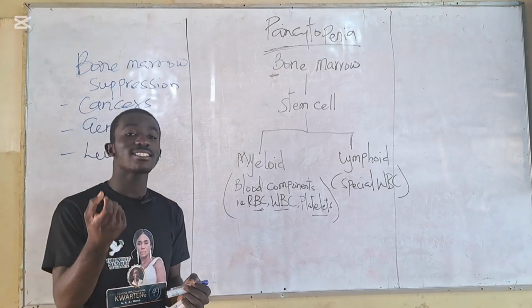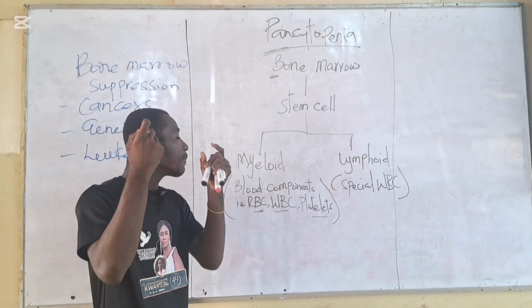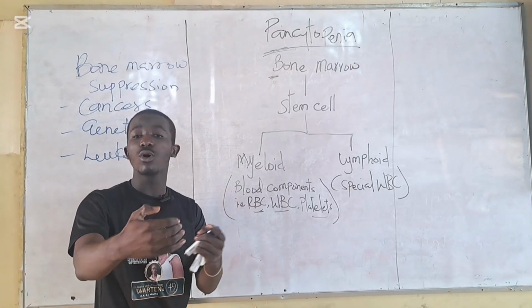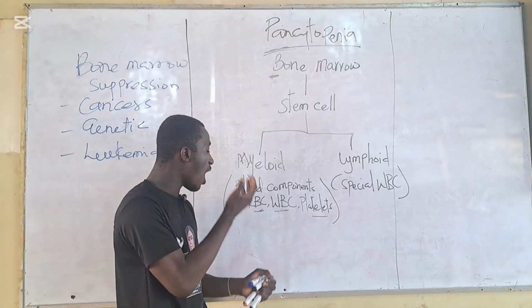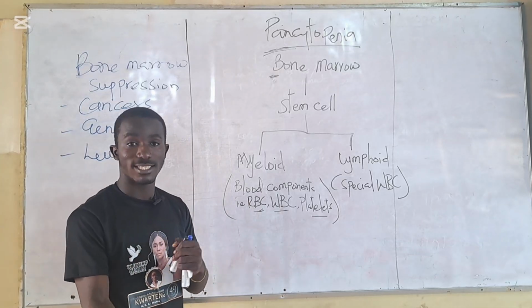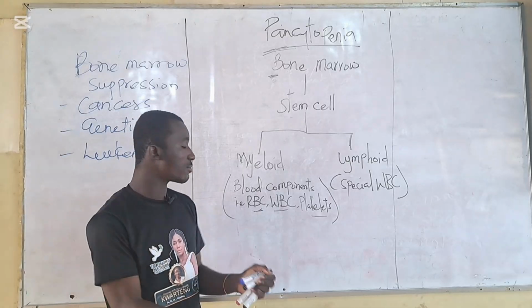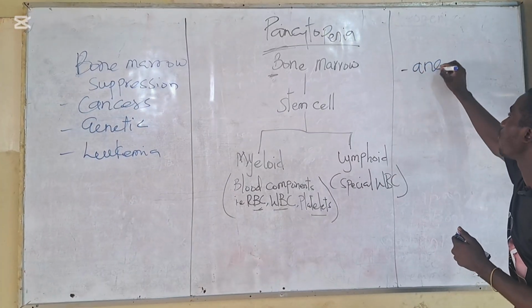The signs and symptoms that a patient having pancytopenia will exhibit depend on these blood components. When the WBC goes down, what will be some of the signs and symptoms? When the RBC goes down, what will be the signs and symptoms? And when the platelet goes down, what will be the signs and symptoms? In RBC, the patient can suffer something called anemia.